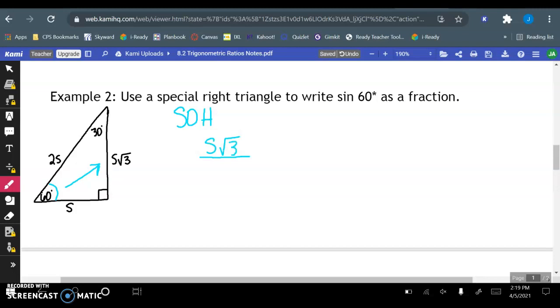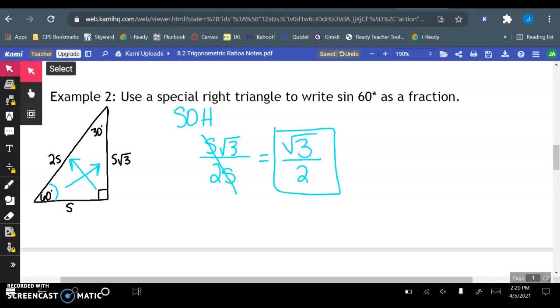And the hypotenuse of this picture is across from the 90-degree angle, so that would be 2s. And now, since we have an s on the top and an s on the bottom, those would cancel out, and we would have square root of 3 over 2. So that would be the simplified fraction written here.